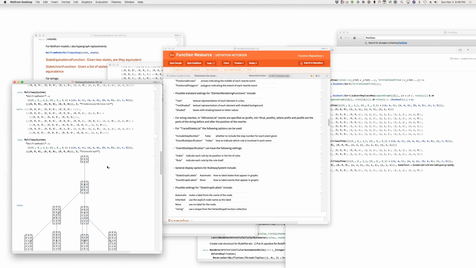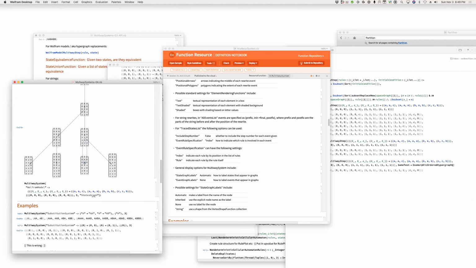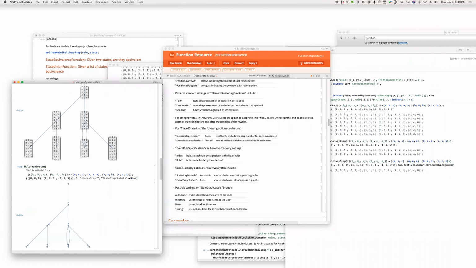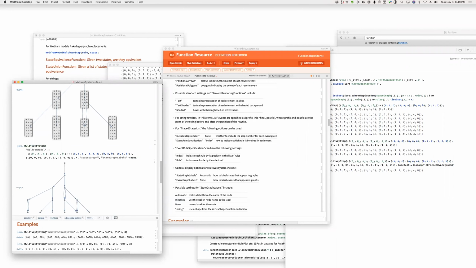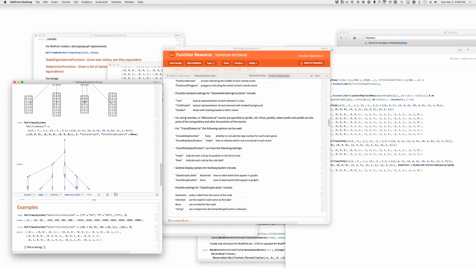State graph labels. Hunkadorasaurus. Look at that. Well, that's our first multi-way. Nicely displayed. So that is the graph version of multi-way evolution for a hypergraph rewriter, right? Mm-hmm.